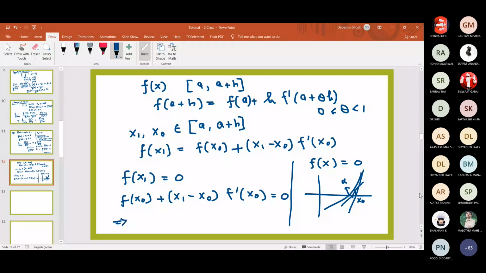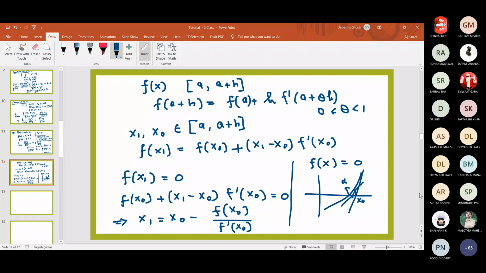That comes to x1 equals x0 minus f of x0 divided by f dash x0. So that gives you the expression for the approximation of the roots.